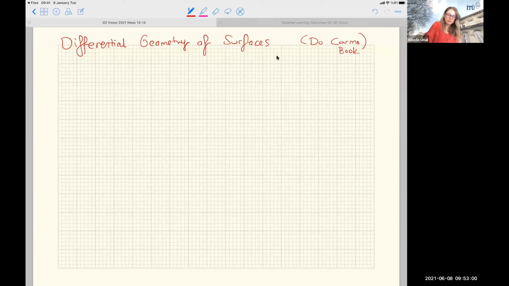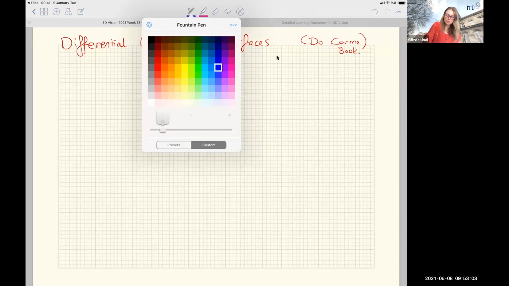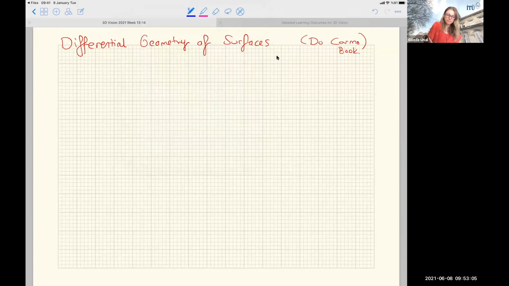Like we defined curves in 2D or 3D, it doesn't matter, remember, from an interval, for instance 0 to 1, to R2 or R3.